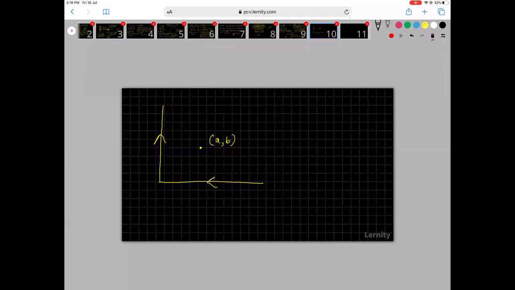So for this point, it is mu naught I by 4 pi. This distance is going to be B. Sine theta 1 will become B by root over of A square plus B square, plus this will be 1, sine theta 2 will be 1.